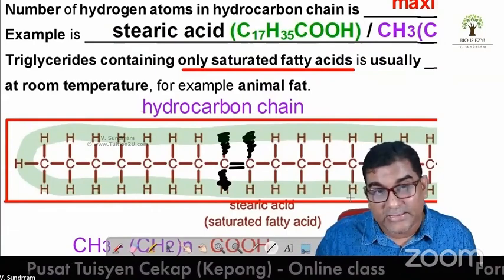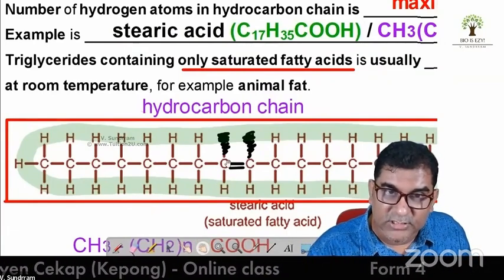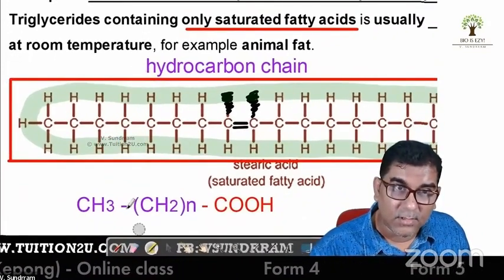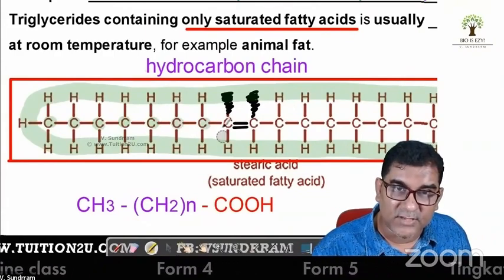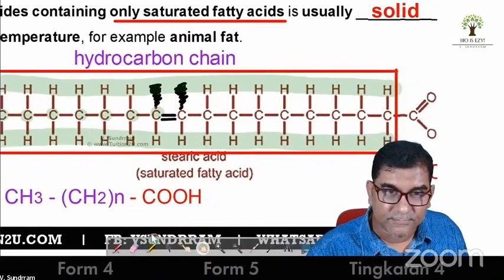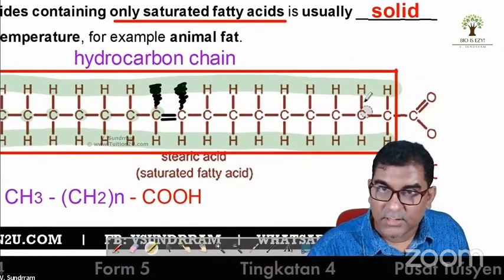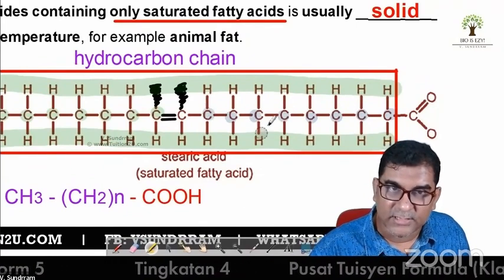What is the example? If you go to this one, kalau you kira, if I count, 1, 2, 3, 4, 5, 6, 7, 8. This side, I use a different color. 1, 2, 3, 4, 5, 6, 7, 8.